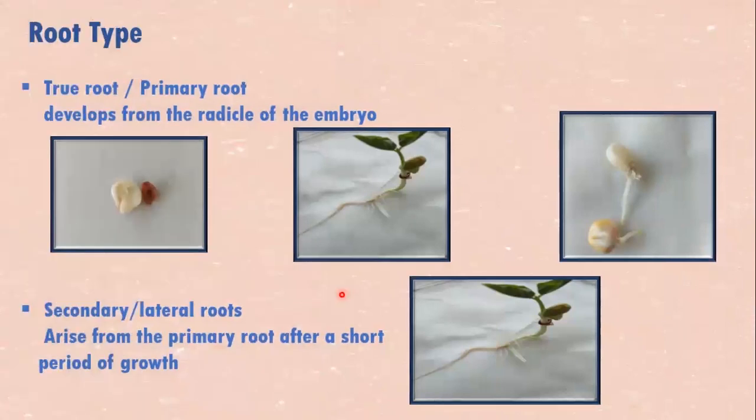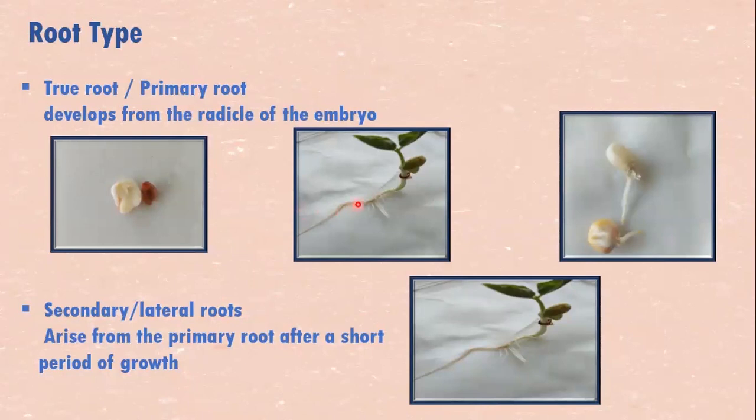So, true root or primary root, what is it? It's a root that develops from the radicle of the embryo. Here is a cowpea seed. This is the radicle. This is the plumule. So a root that develops from the radicle is a true or primary root.